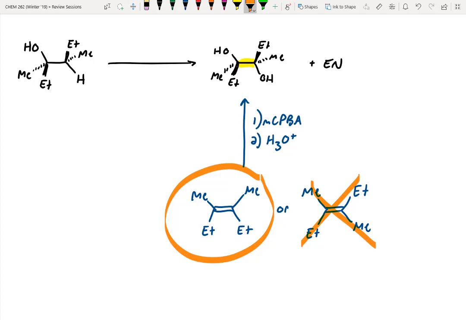All right, so now we've got to figure out how to make that alkene from our starting alcohol. What do you think would be a good approach? Yeah, we could do kind of like we just did. We could treat this with tosyl chloride and pyridine. That would tosylate your alcohol.